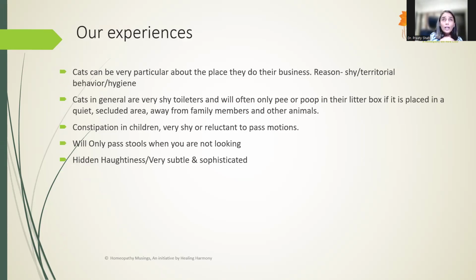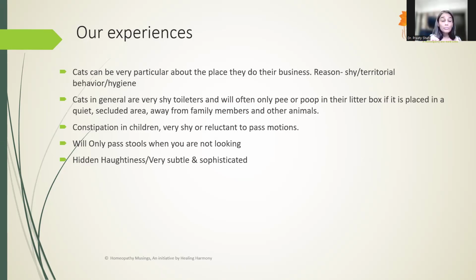So from my own experience along with Prajakta, I can clinically tell you we've seen at least more than 10 cases of clinically cured Lac felinum. And I can confirm that cats can be very particular about the place they do their business.